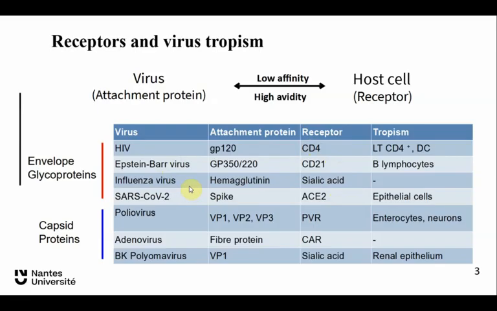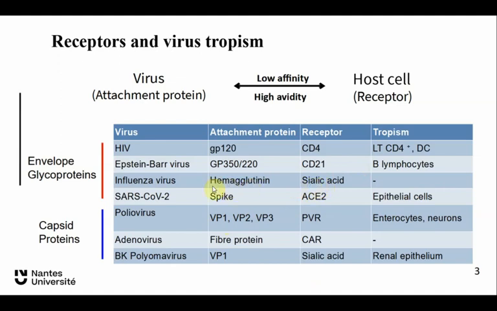The attachment receptors are surface glycans with sialic acid. So these are pretty much available on all types of eukaryotic cells, or human cells anyway, vertebrates, shall we say.